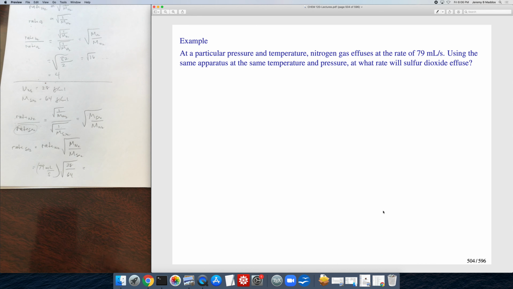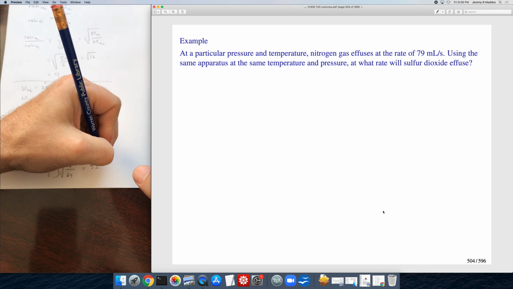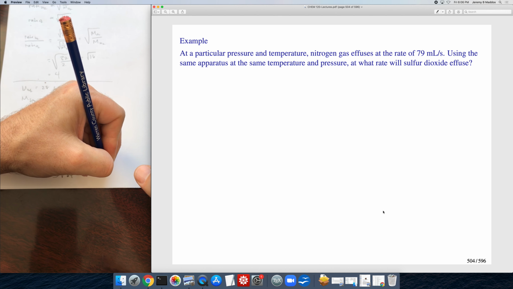So just running these numbers through the calculator, I'm getting 52.3, so we'll just say it's 52 milliliters per second.